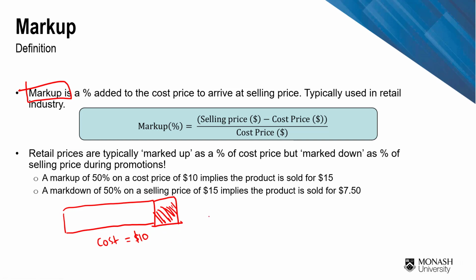In this case, the cost is 10, but the markup is 50% of the cost. So the markup, which is this part here, is going to be $10 times 50%. So this is going to be $5. Because of that, the markup is $5.